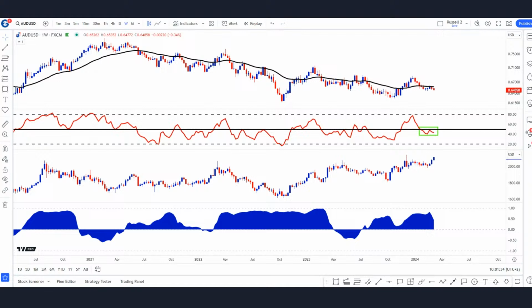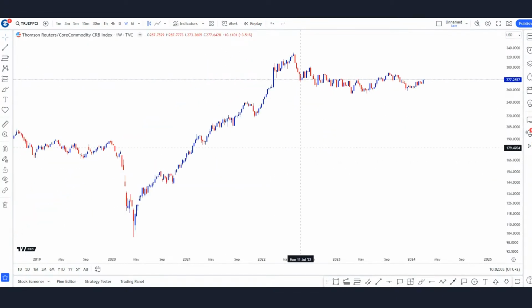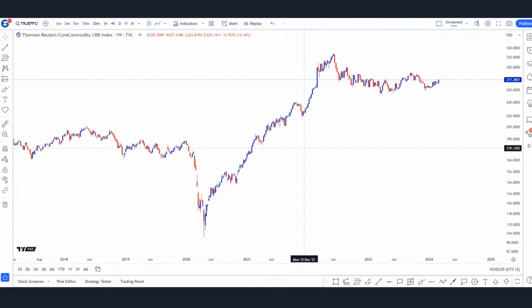So what we're going to do is introduce the CRB, the commodity index, the Thomson Reuters Jefferies Core Commodity CRB Index. So here's an index that we can take a look at in terms of commodities. What we can do here is add in some commodity currencies.